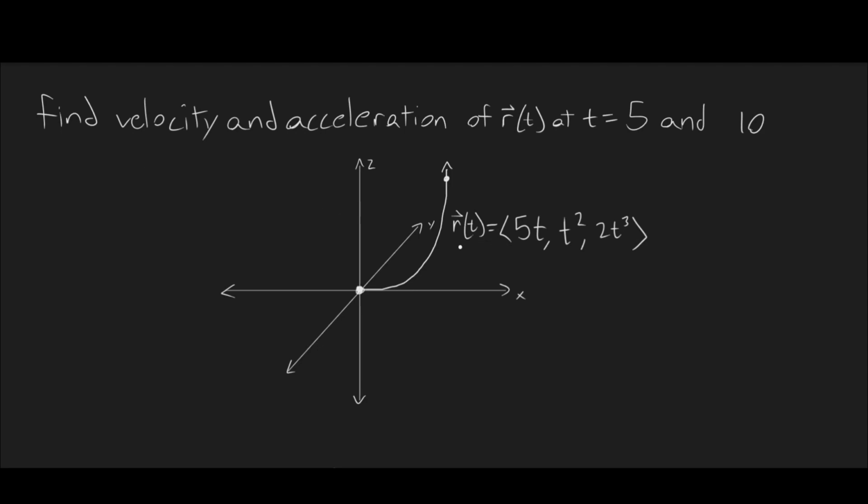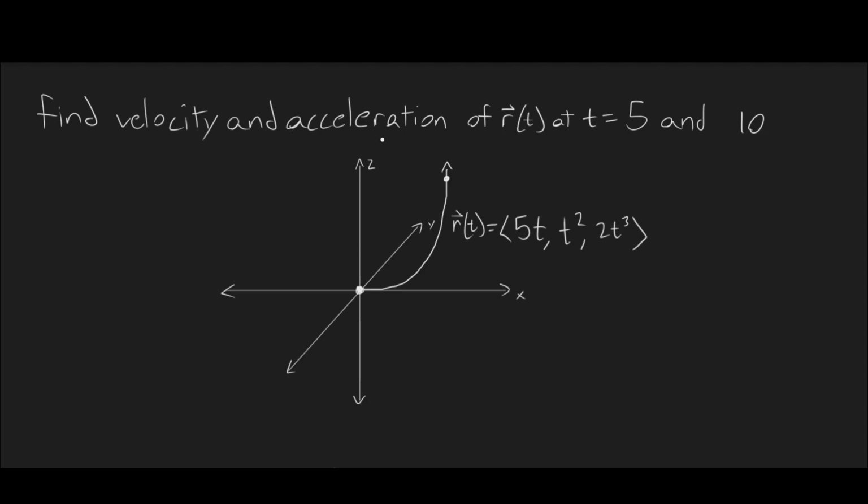Well, if r is the position, then the definition for velocity is how much the position is changing over time. So that would be like the slope of r of t. So to get the velocity, we're going to take the derivative of r.